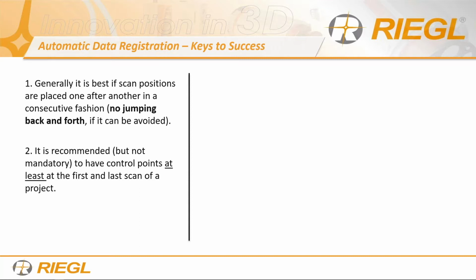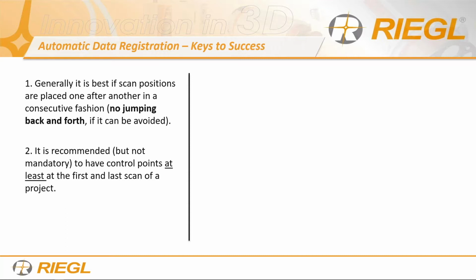In the past, the bread and butter way is to resection every single scan position, and you certainly still can. You can even do that with the new scanner that's out, the VZ-400i, the latest scanner, by fine scanning the targets right on board of the scanner itself.